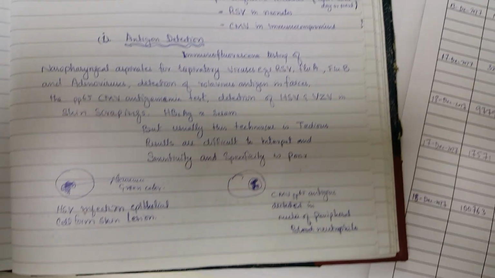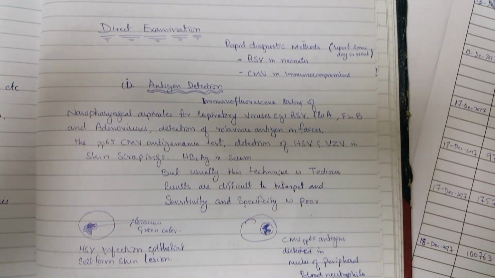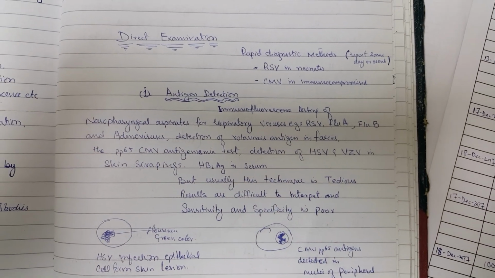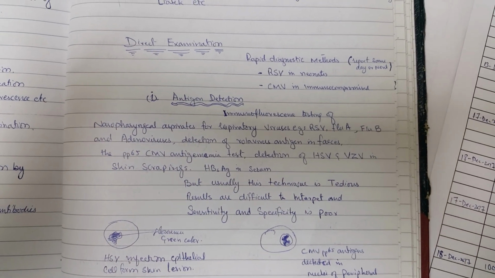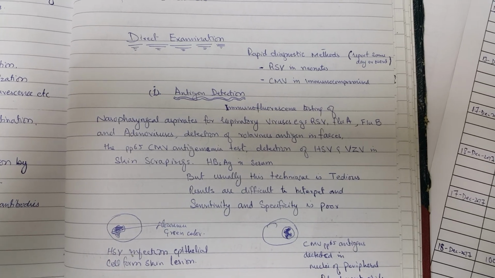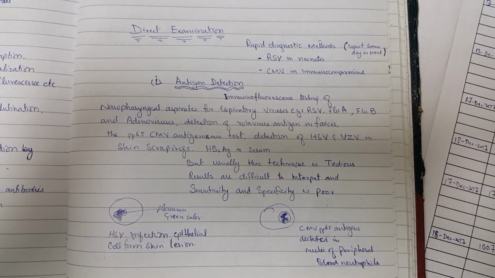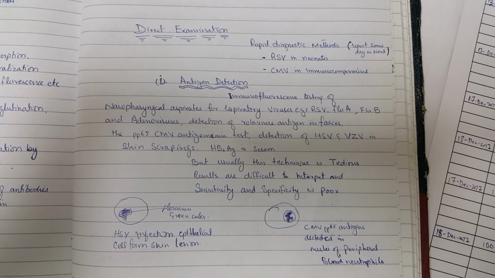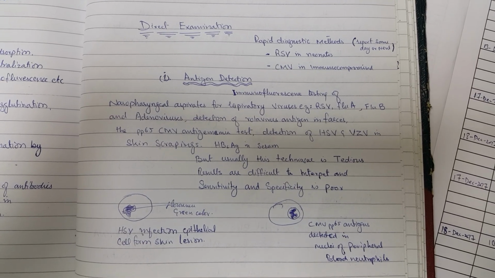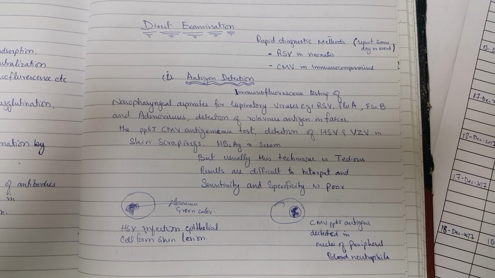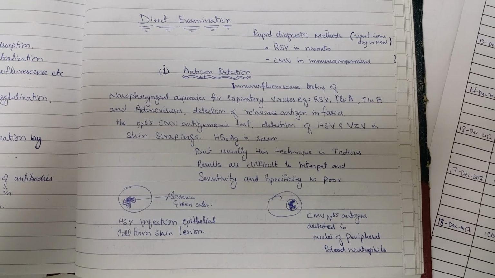The direct antigen test, which is under direct examination, is a rapid diagnostic method, used for RSV and cytomegalovirus in immunocompromised patients. Nasopharyngeal aspirates are used for respiratory viruses: RSV, flu A, flu B and adenoviruses.